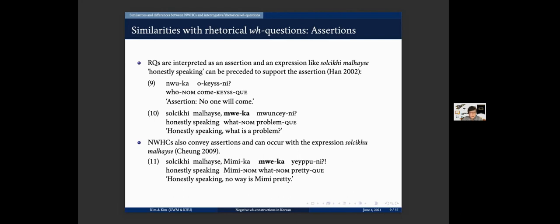And also in 10, 솔직히 말해서 뭐가 문제니? This sentence means honestly speaking, nothing is a problem. So this sentence asserts the negative proposition. And also, as we have seen, double-edged constructions also convey assertions and can appear with the expression 솔직히. So in 11, 솔직히 말해서 미미가 뭐가 예쁘니? This sentence means, honestly speaking, Mimi is not pretty.